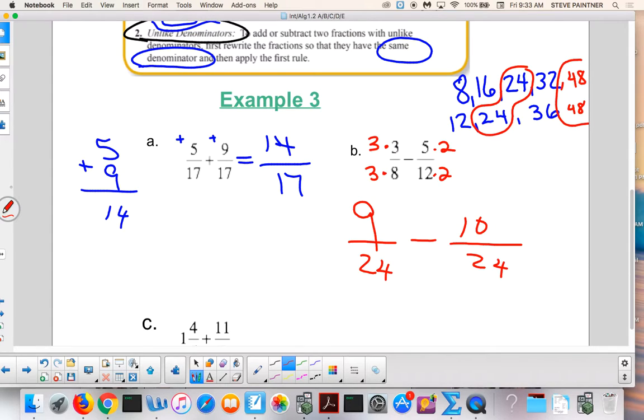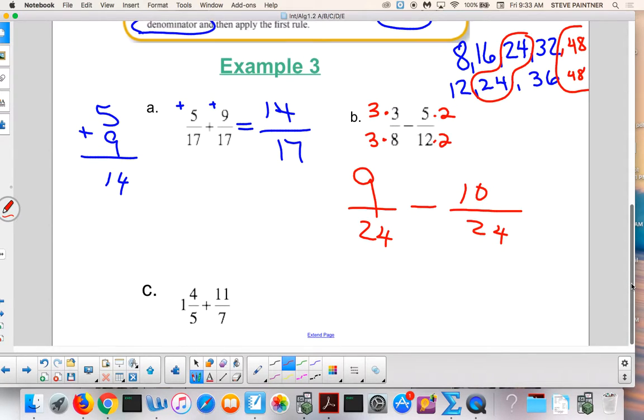Am I looking at 2 positives, 2 negatives, or opposites? These are opposites. Now look, change this minus sign to what? Addition. Make sure you change 10 to its opposite. So really what it says is 9 24ths plus negative 10 24ths. Okay? So because their signs are opposite, you will add them or subtract them? Subtract. Yeah, they're opposite signs, you subtract.